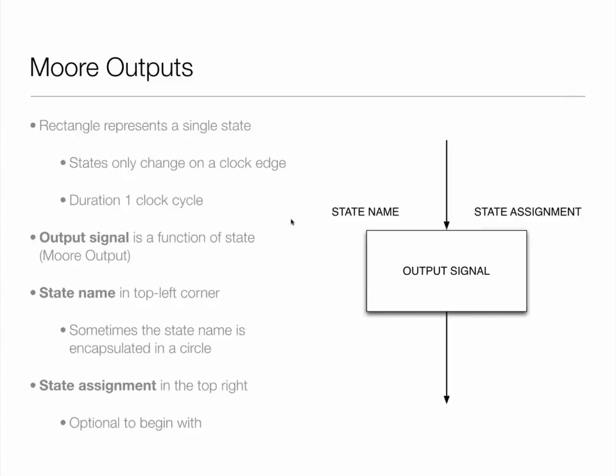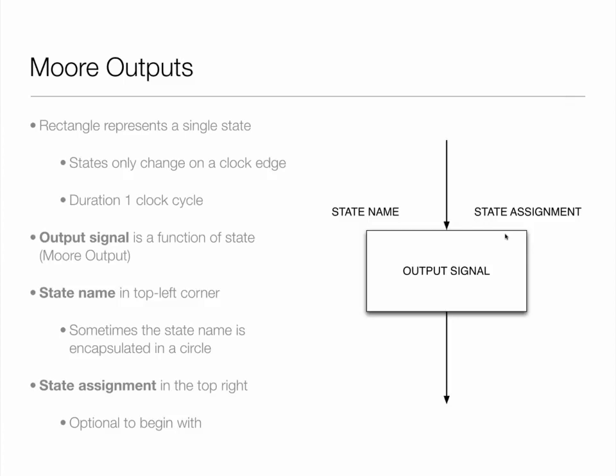So that's a Moore output. In the right-hand corner, you might put a state assignment. So if you're putting numbers to states now so that you can build next state logic and do all those sorts of things and try and do state minimization, then you might write a binary number there. All right, again, I'm going to show you that in a minute.